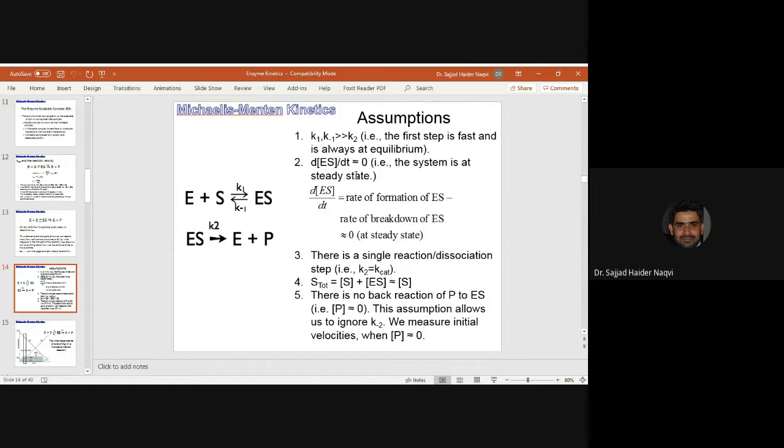So based on these assumptions, we can say that the change in the concentration of the enzyme substrate complex with respect to time is the rate of formation of the enzyme substrate complex, or the rate of breakdown, because that's how we are saying that it is at the equilibrium stage.